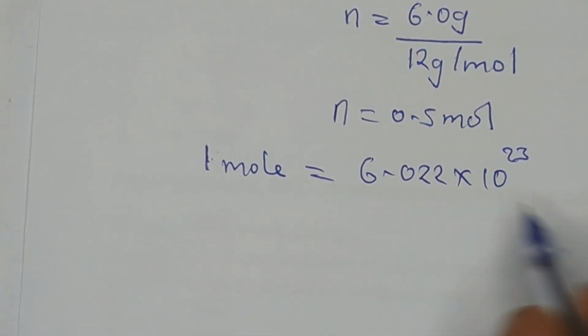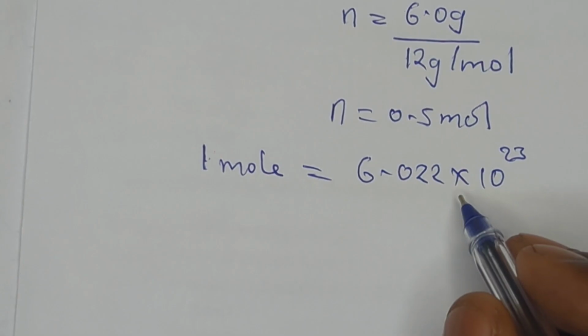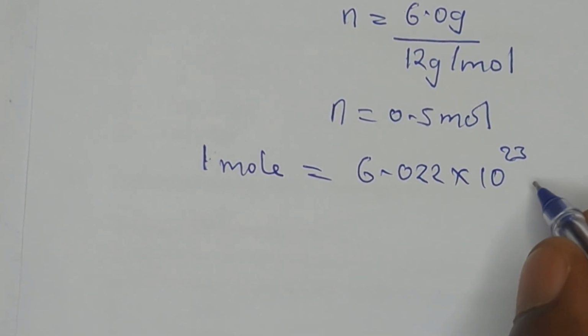So 1 mole is equivalent to 6.022 times 10 to the power 23 atoms.